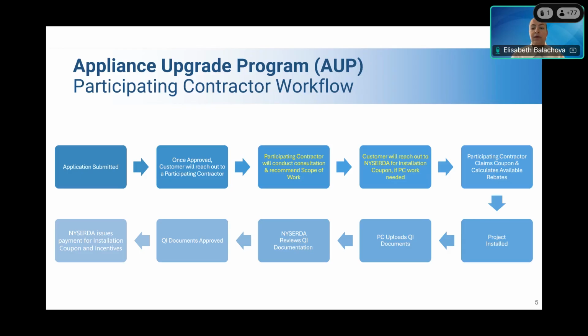Once you're done with that, you will upload your quality installation documentation. NYSERDA will review that, and once your documents are approved, NYSERDA will issue the payment for the installation coupons and any additional incentives you are eligible for.